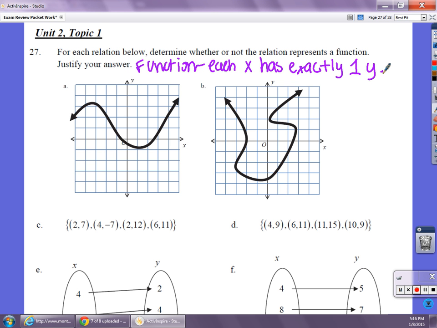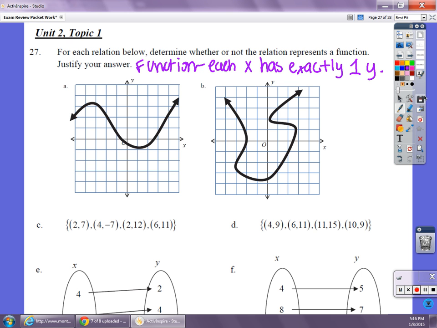So what we're looking for here is, are there any x values that have more than one y value? Let me make a point here for myself to drag along. Let's test it out on our graphs.